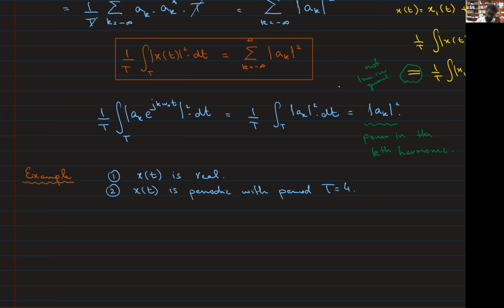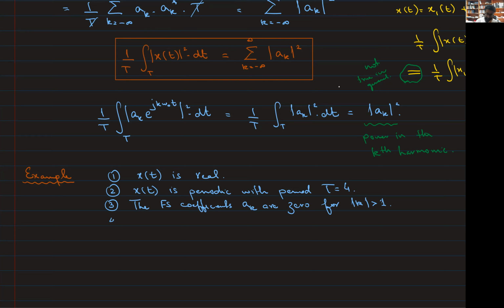There's a third condition: the Fourier series coefficients a sub k are 0 for any value of k which satisfies the absolute value of k being greater than 1. Not equal to 1, but rather greater than 1.